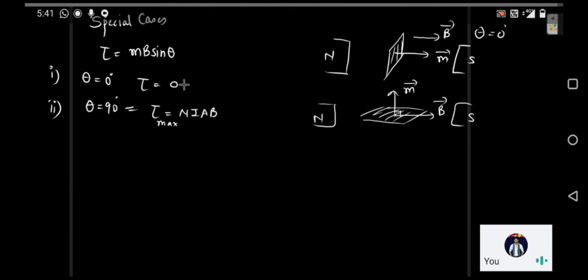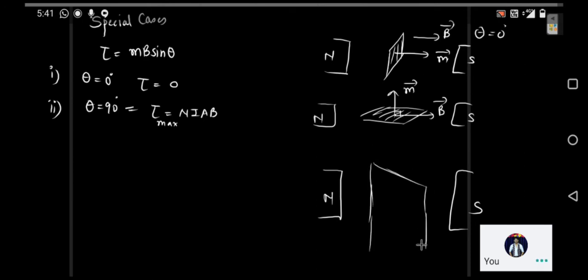Now the second point I am talking about: supposing you are given the angle between the plane and the magnetic field. For example, till now, supposing this was my coil, we were given the angle between the normal vector, or the area vector, and the magnetic field.